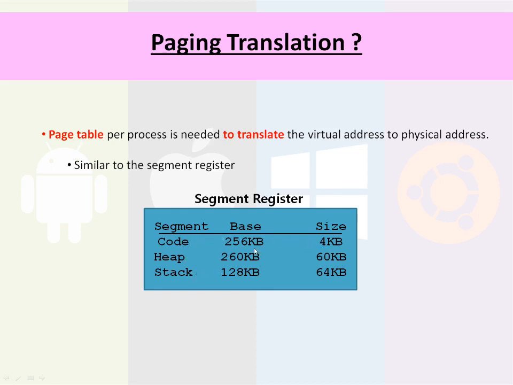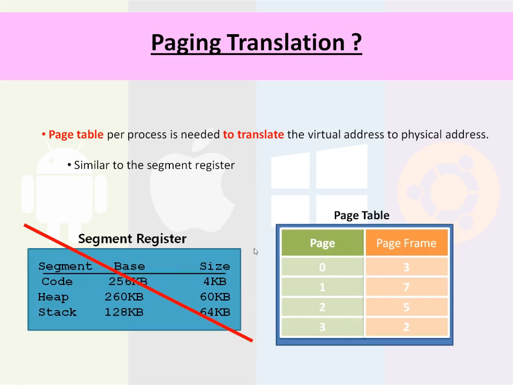Now, the page table is slightly different. Our page table is simply a lookup table, which tells you, given the pages, which page frame they are associated or mapped to. And because there is a page table per process, all of the pages on the left-hand side here, you'll never have duplicate values, because we're only looking at one process.